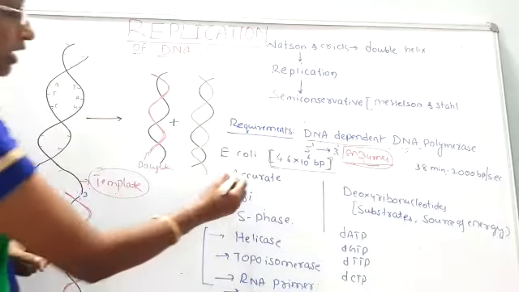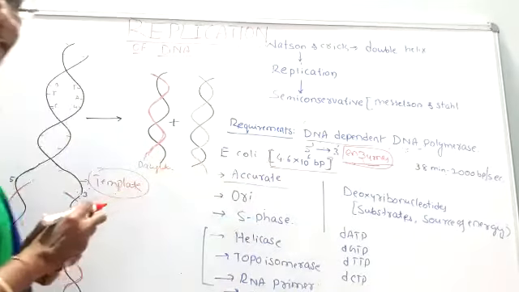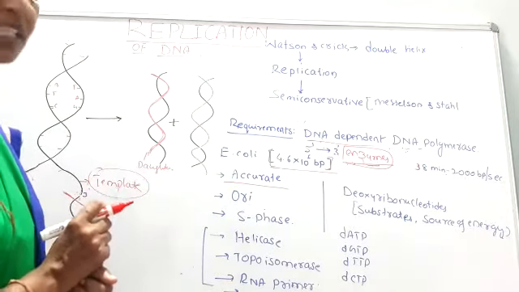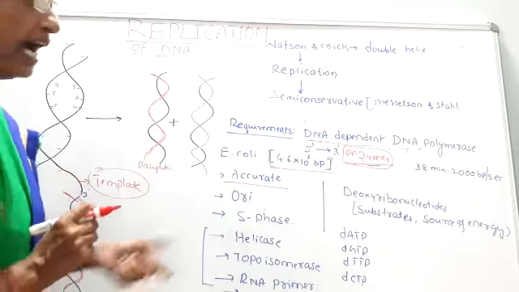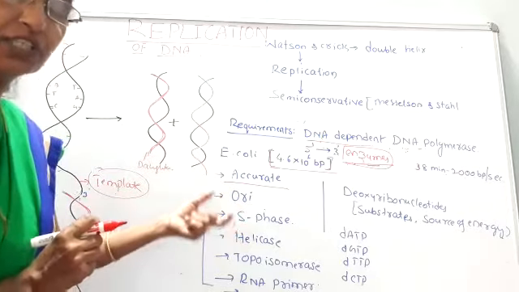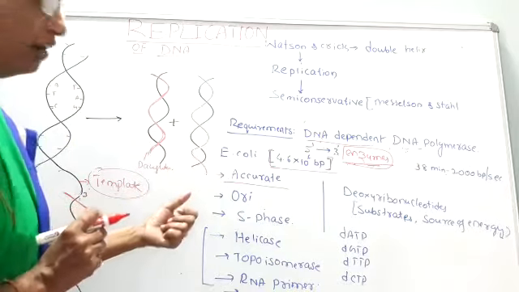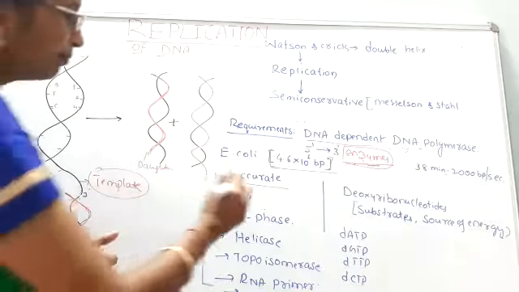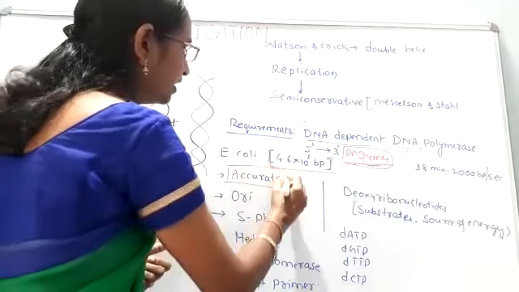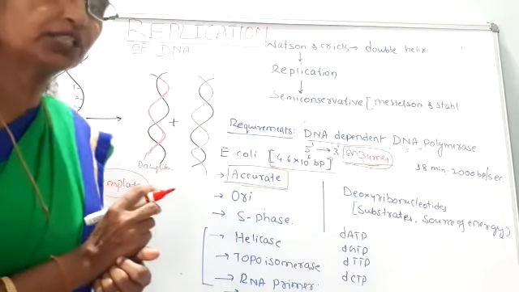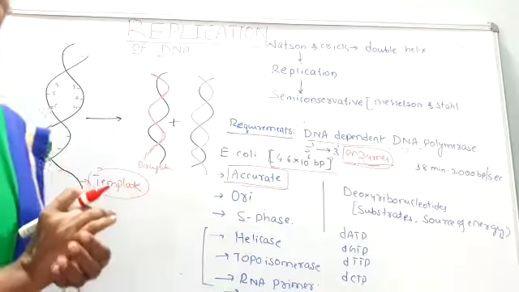Now, the synthesis of new DNA, or replication of the DNA, is a continuous and very complicated process and it requires plenty of energy. The source of energy is also required to carry out replication. And the process of replication is accurate. What is the meaning of accurate? Accurate means without making any mistake.